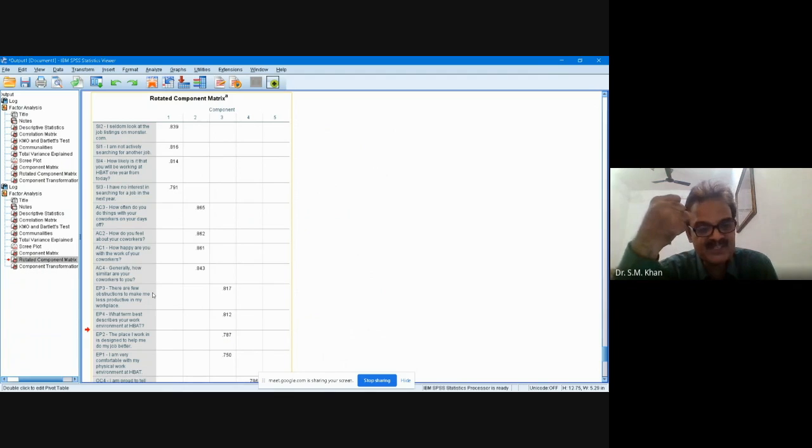Friends, this is magic. This is research. So on the basis of these 5 factors, out of 20 items, now you are having 5 factors.